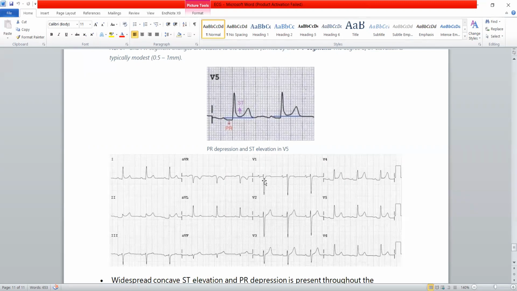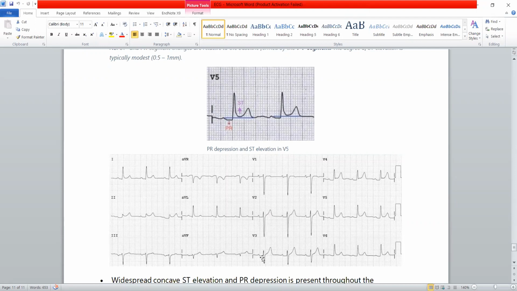Let's look at this diagram in V1. Can you see this small positive wave? And in this diagram as well, the upward wave is the R wave, and the downward wave is the S wave.